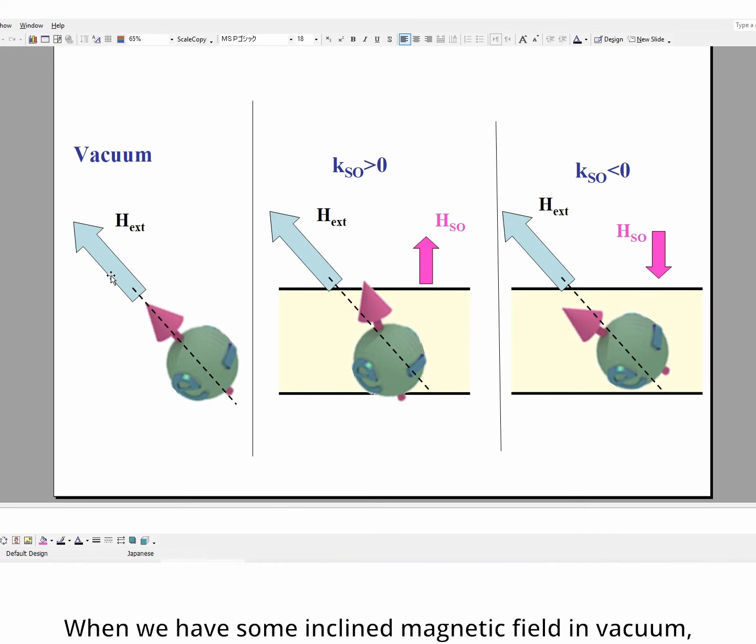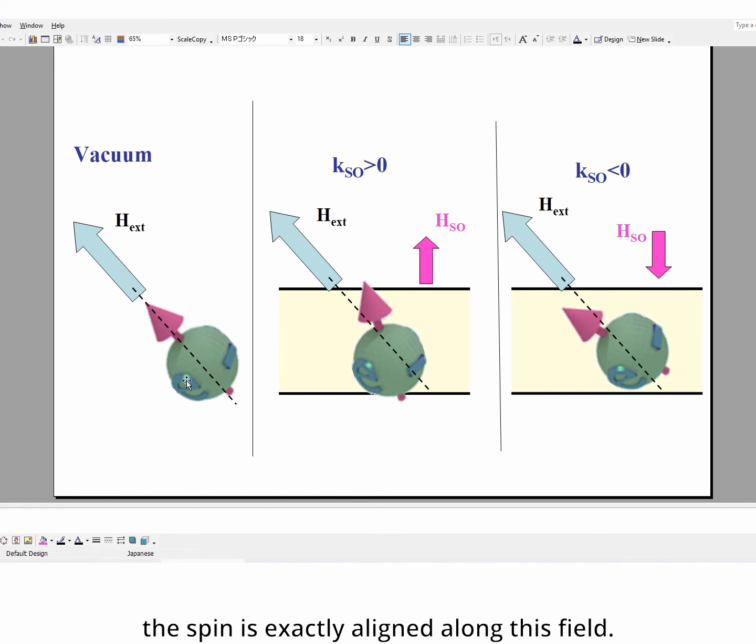When we have some inclined magnetic field in vacuum, the spin is exactly aligned along this field. In a film, the external magnetic field excites or creates the magnetic field of spin-orbit interaction, whose direction is perpendicular to the interface and whose magnitude is proportional to the in-plane component of the external magnetic field.